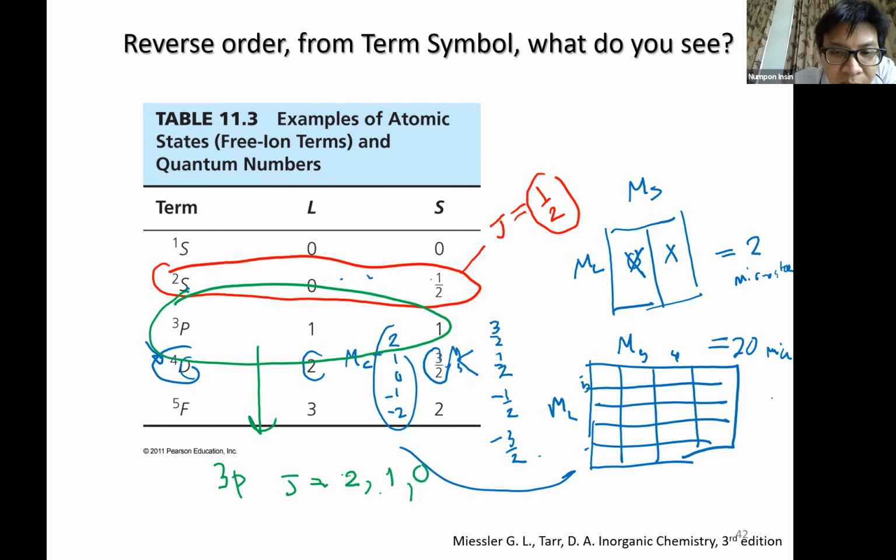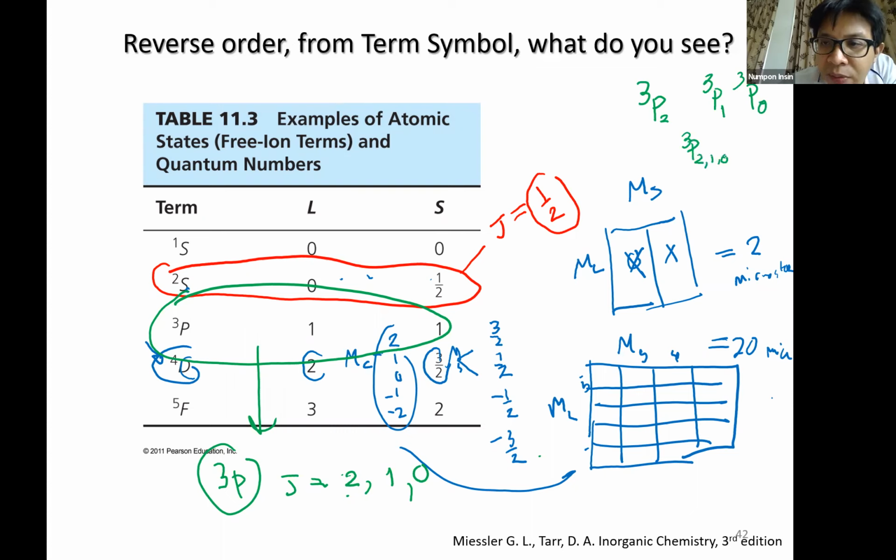So it ranges over 2, 1, and 0. When you write down the complete term symbol, it can be triplet P2, triplet P1, and triplet P0, or you can combine them together as triplet P210. But one of these is more stable than the rest. That's what we call the ground state, and you have to identify the ground state now.